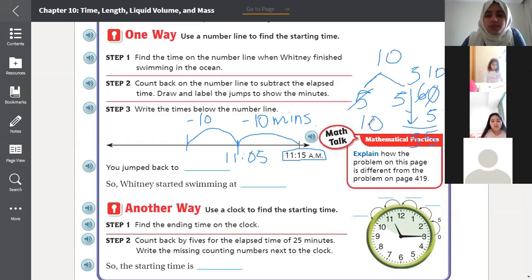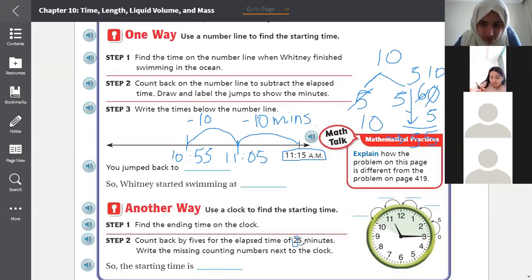So this is telling us that the hour here is 10, and the minutes is 55. Okay? So we have here 2 in the tens place. Thank you, Asil. And in the ones place, Yusuf, what do I have in the ones place here?